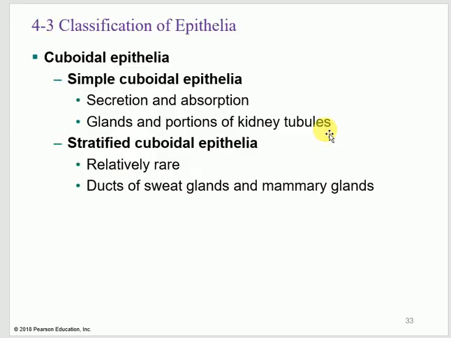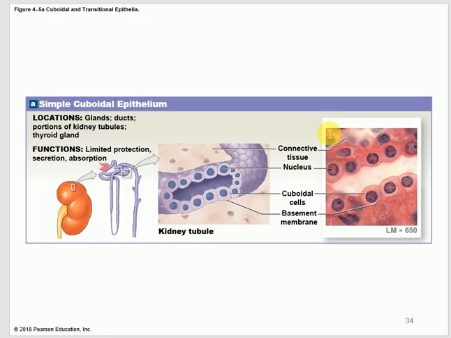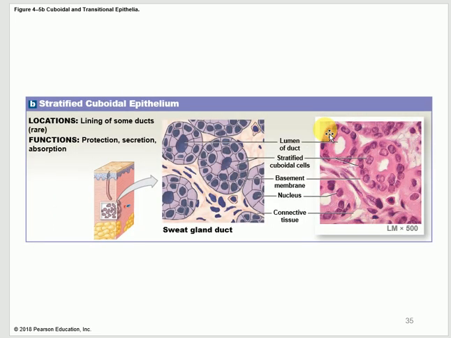How about the cuboidal? We have simple and stratified. Simple, one layer of cuboidal cells. Where? Glands, ducts, like the ducts of the kidney, and thyroid gland. And this is the one that's responsible for secretion and absorption. Stratified is just a rare one lining some of the ducts.